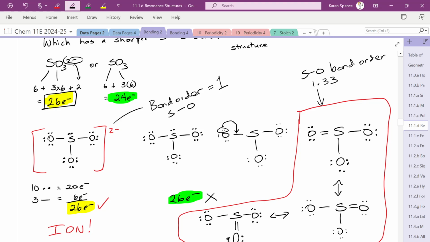So which one has the shorter bond? The higher one has the shorter bond.